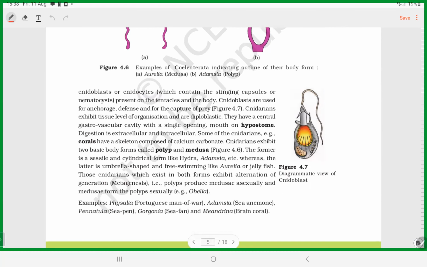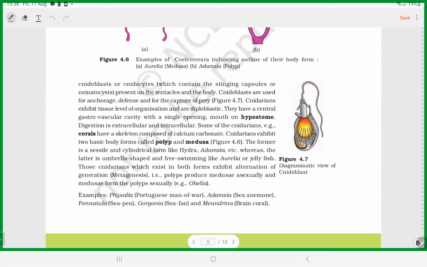A more important aspect of Cnidaria is polyp and medusa, the body forms. Polyp is sessile and cylindrical, like Hydra and Adamsia, and medusa is umbrella shaped and free swimming, like Aurelia or jellyfish. From polyp, medusa are produced, and from medusa, polyps are produced. That's the most important character of Cnidaria.